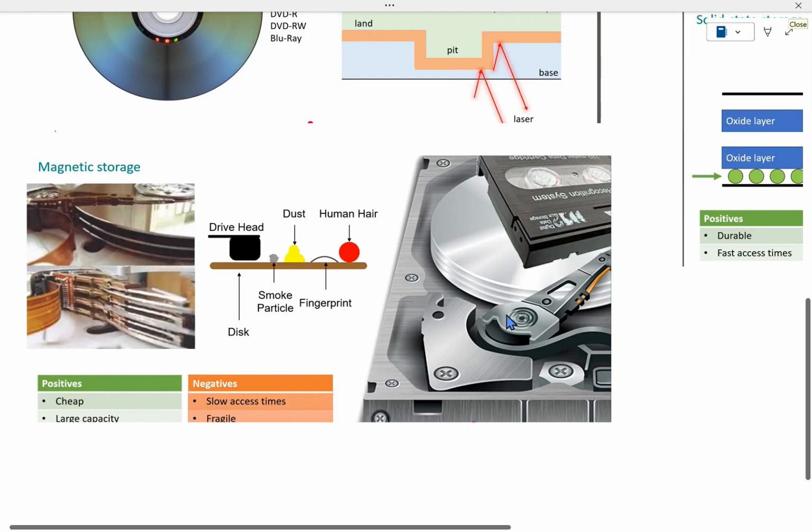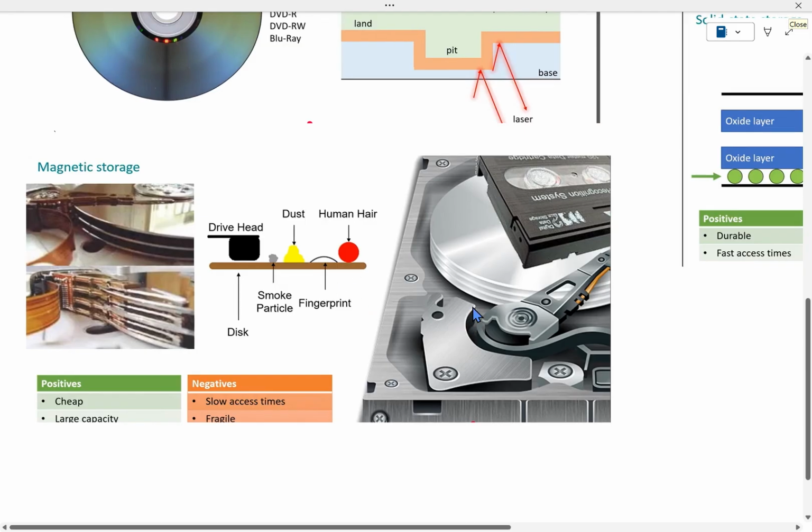Negatives: it has slow access time, still faster than optical storage, but quite slow. It also has very low durability and is very fragile, because this is the only secondary storage out of these three to have a moving part in it, which obviously makes it easy to break.